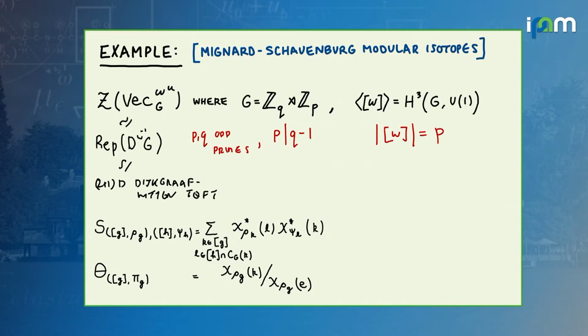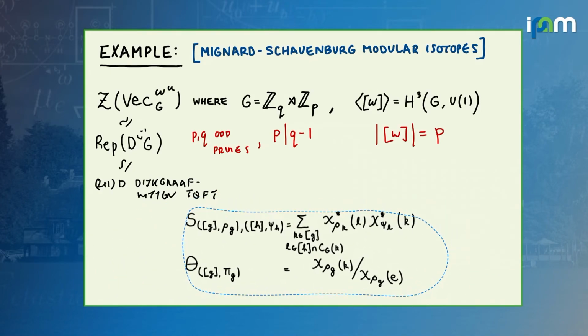Now, there's some modular data on this slide, and all I want you to get out of this is that the parameterization of simple objects, which is by representatives of conjugacy classes of the group and certain projective irreducible representations of centralizers, these are like very groupy things, right? In this modular data, these are characters of these representations. Everything inside is group theoretical.